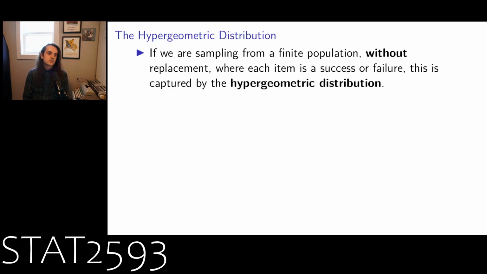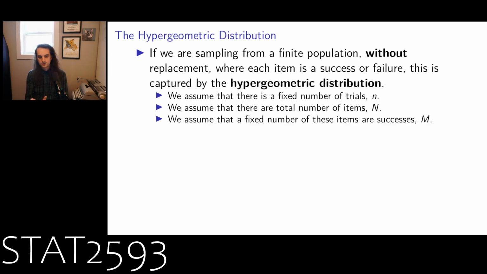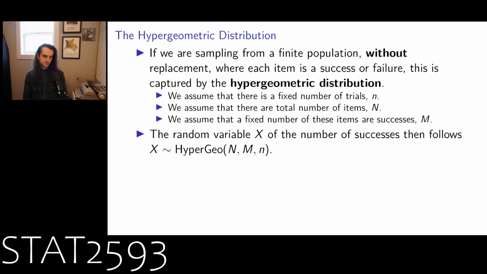The hypergeometric distribution is going to be sampling from a finite population without replacement. Each time it's going to be success or failure, just like we've been looking at up till now. We'll still assume that there's a fixed number of trials, n. We'll assume that there's some total number of items in the population, which we use capital N for, and that a fixed number of these are going to be successes, say m successes.